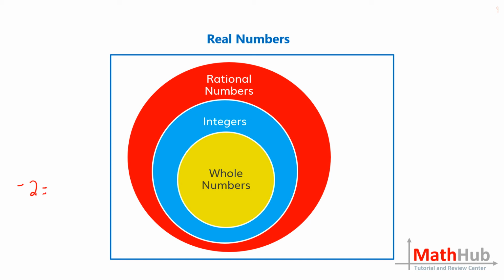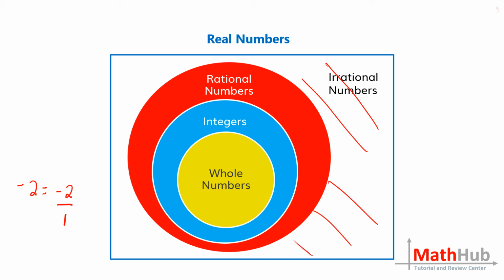Why is that a rational number? You can always express it as the integer over a denominator equal to 1. So that's why all integers are rational numbers. And then, of course, all numbers that are not rational would be irrational numbers. These are the numbers outside the set of rational numbers. So that comprises your real numbers.